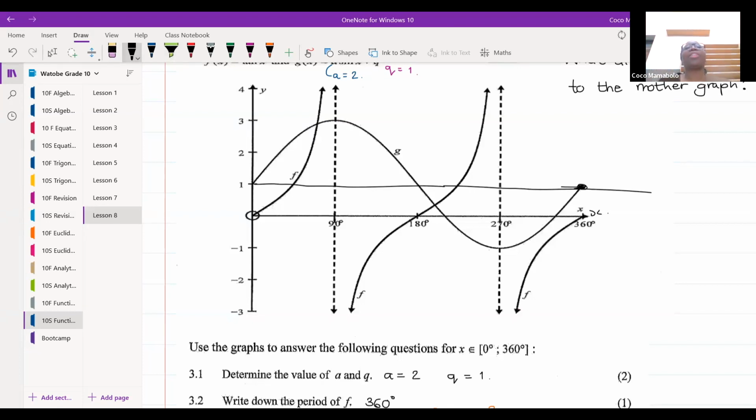Let's look at all the values where the sine graph touches 1. I know that my first value is going to be there. Anywhere else, guys? What other x value touches the sine graph? Yes, Namisile, that's correct. At 180, good, that's it, Asbonge.